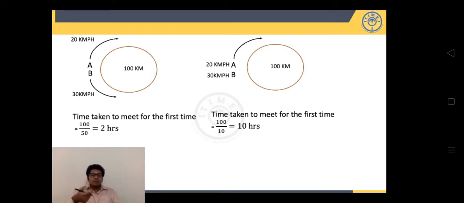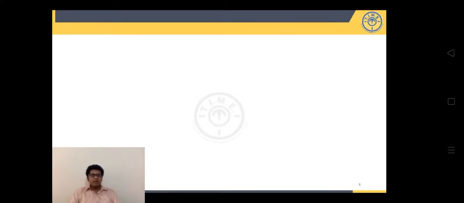The extra speed which will help him travel the extra distance. A's 20 stays the same, and the difference is 10. That is why 100 divided by 10. So the formula is 100 divided by 30 minus 20, the relative speed, which is the difference since they travel in the same direction.